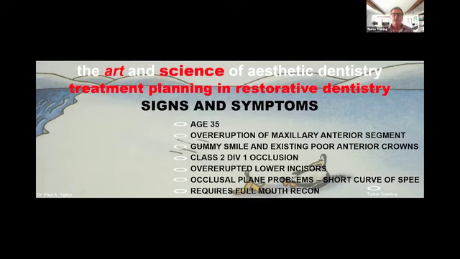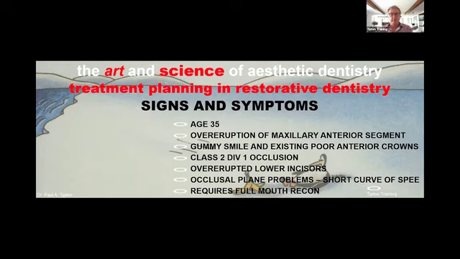We've got occlusal plane problems, as we've mentioned, a very short curve of Spee. So we've not got that very nice even average curve of Spee. Remember, the average curve of Spee, approximately 4 to 4.5 inch radius. Here we've probably got something that's 1.5 inch radius, so it's much tighter, much more curved.